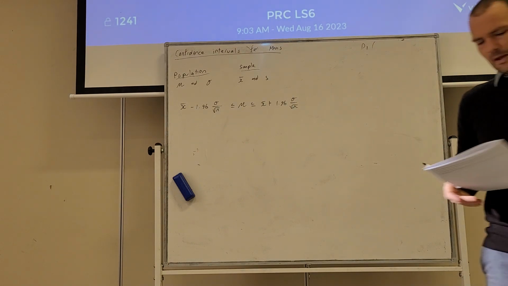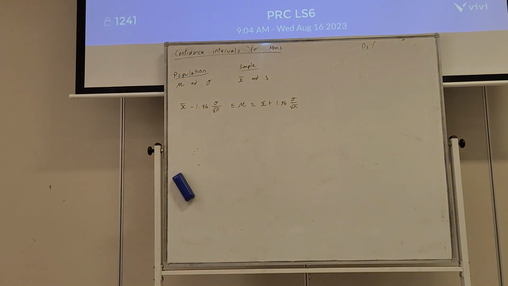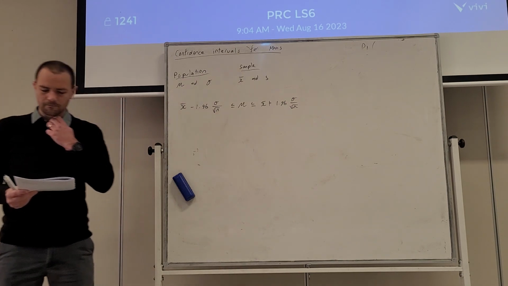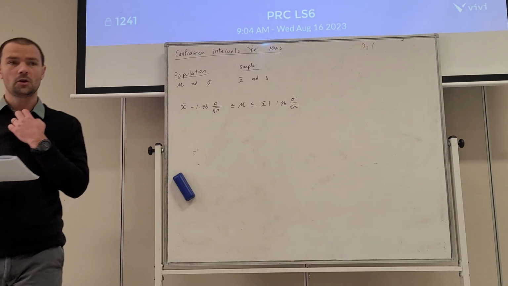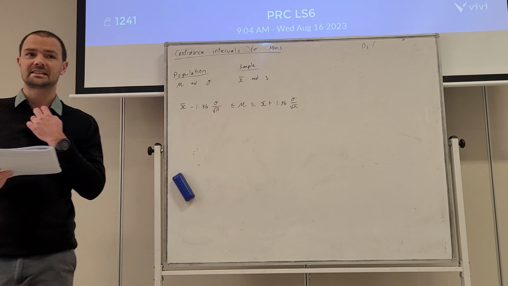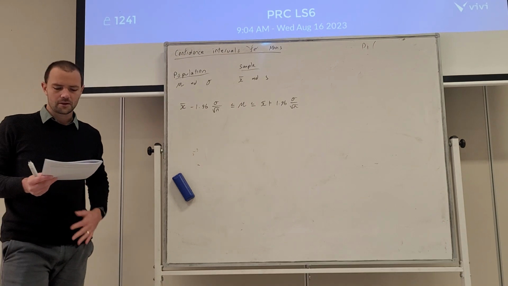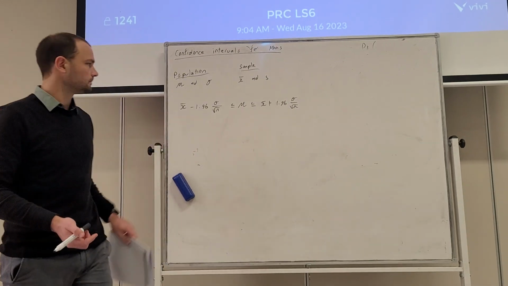So we'll get straight into our example here, and I'll show you what it means. The height of 40 year 12 students was measured, and the observed mean was 178 centimetres with a standard deviation of 8 centimetres. Find the 95% confidence interval and interpret.